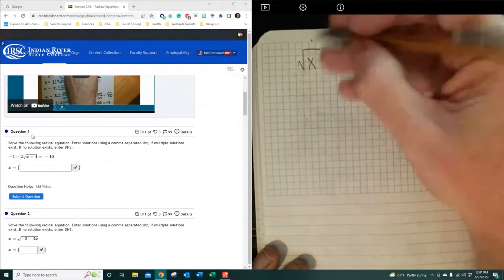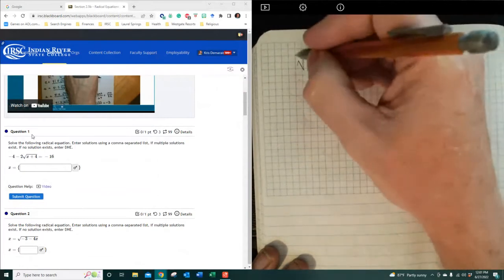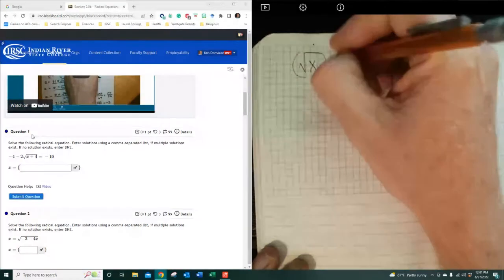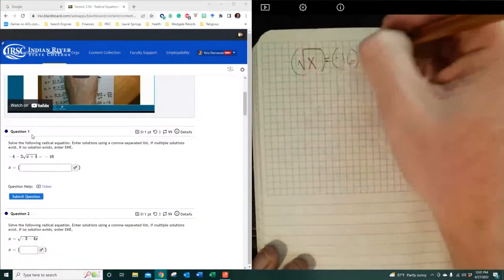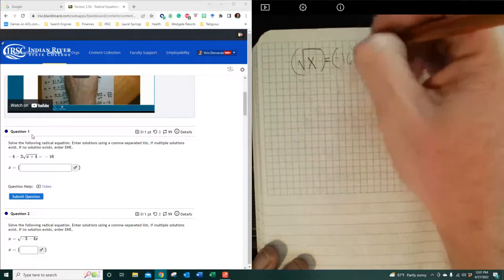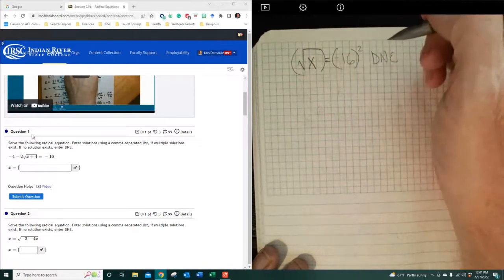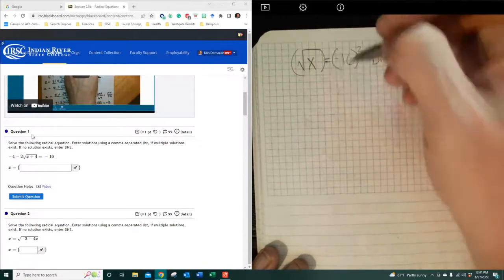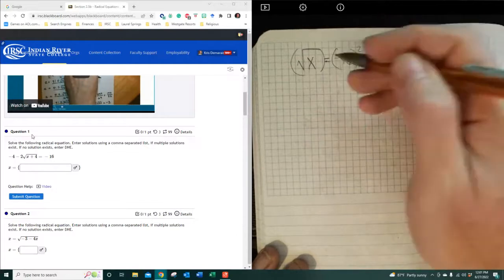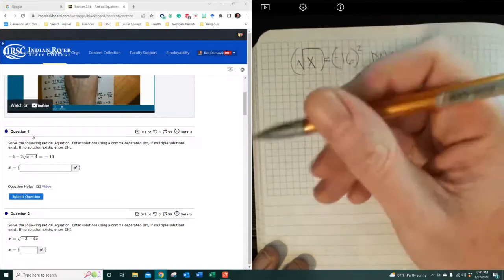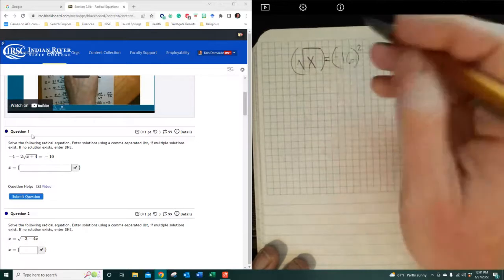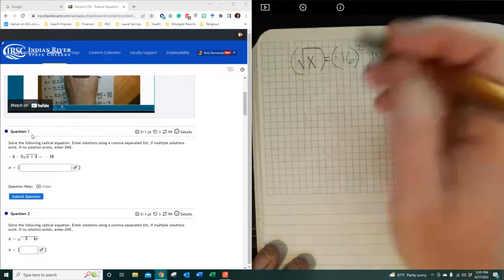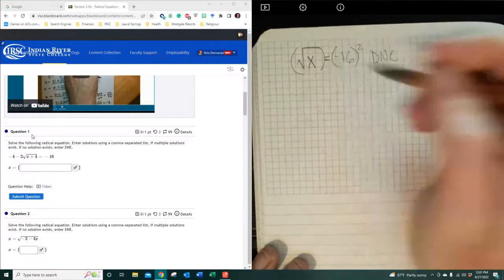That is just the nature of this, because what we're going to do is square both sides, and you can't square this without getting a positive value. That gives you a number that does not solve the problem. So it's a throwaway. The answer cannot exist. And that happens with radicals.